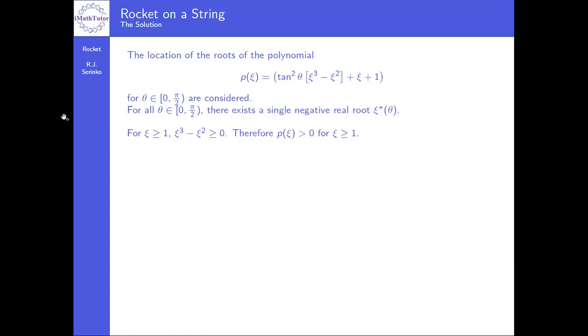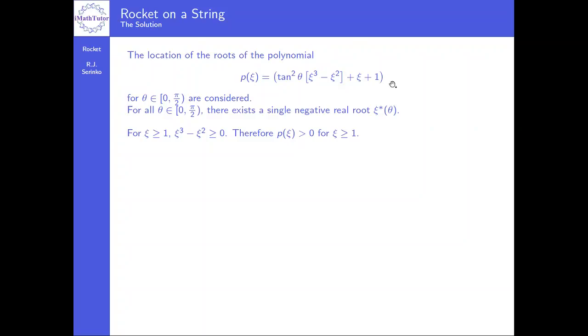Now what we want to do is show that the other real roots, if they exist, have to be in the interval 0 to 1. So let's suppose that zeta is greater than or equal to 1. In that case, zeta cubed is greater than zeta squared, so this is positive. And this is going to be positive because zeta is greater than or equal to 1.